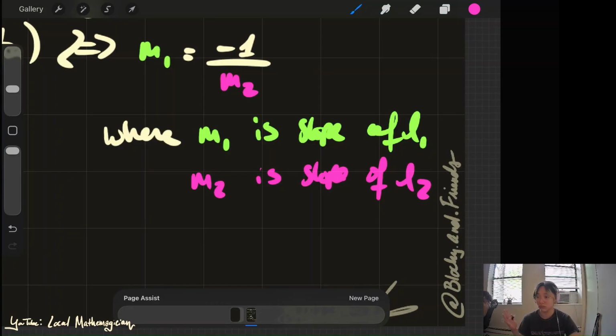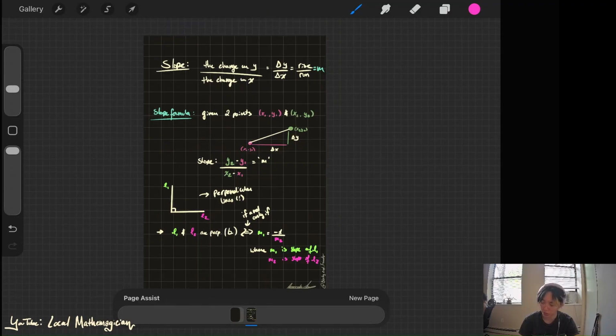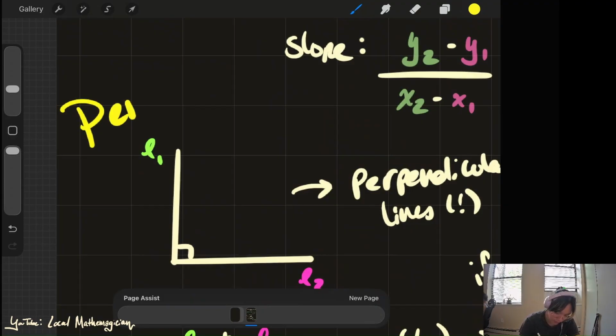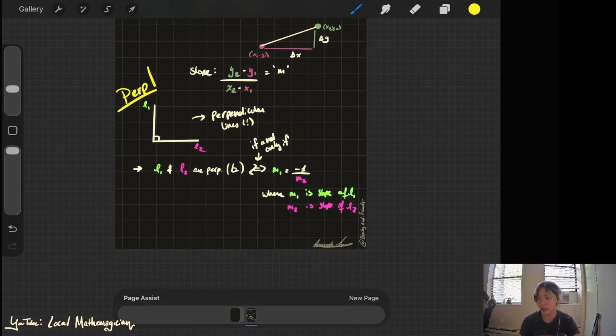Okay, that's how you can determine if these two lines are perpendicular. Okay, so that is perpendicular lines, and I'll label this for you guys as well so you don't get confused. Again, L1 and L2 are perpendicular if and only if the slope of L1 is equal to -1 over the slope of L2. Okay? Cool.